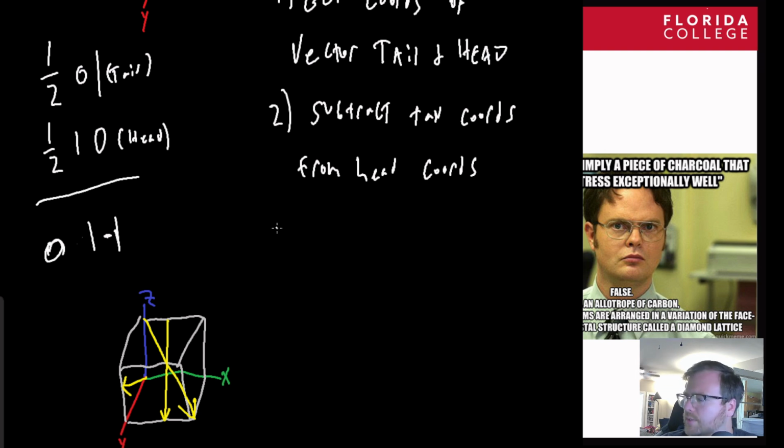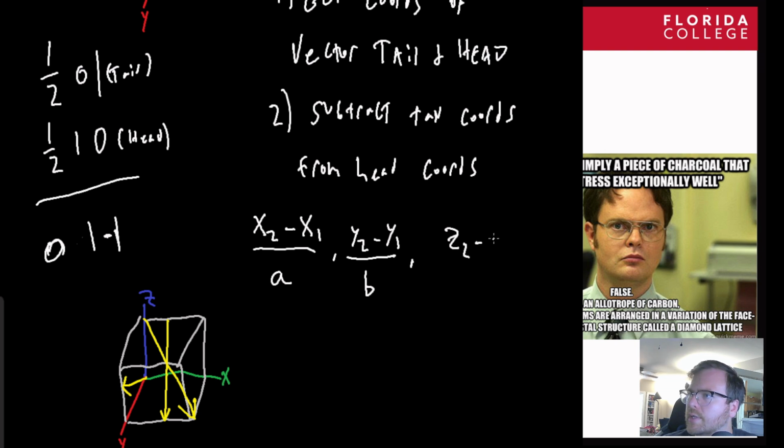And another way to write this is x2 minus x1 divided by a, y2 minus y1 divided by b, and z2 minus z1 divided by c.